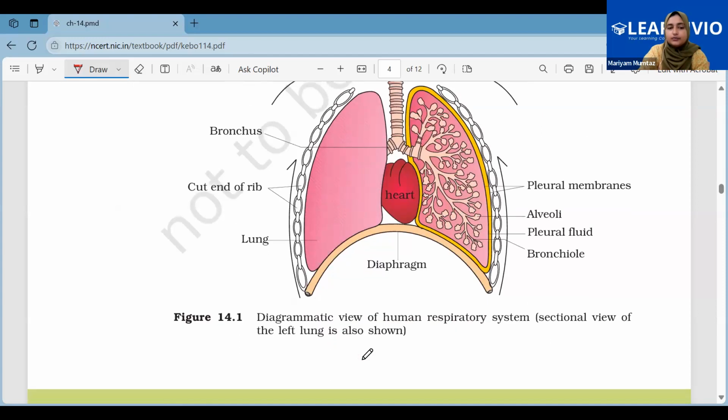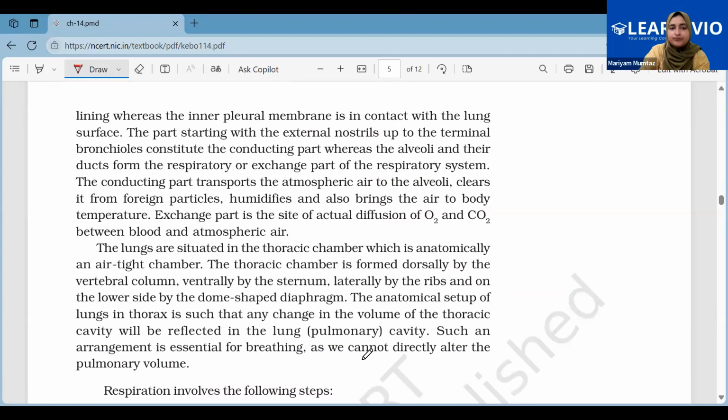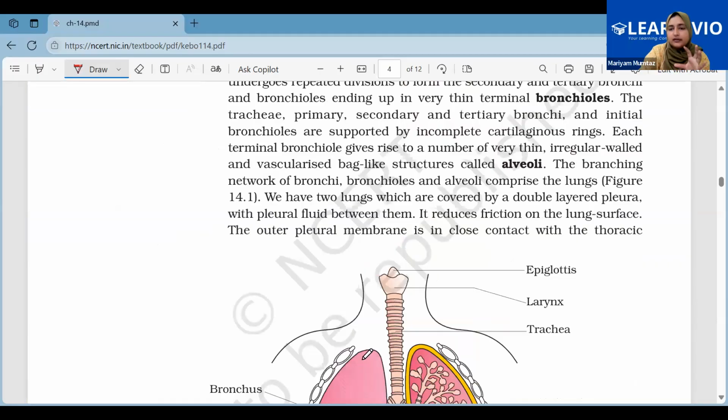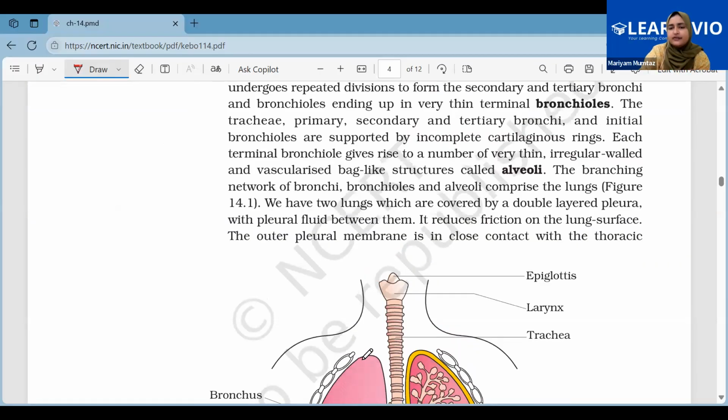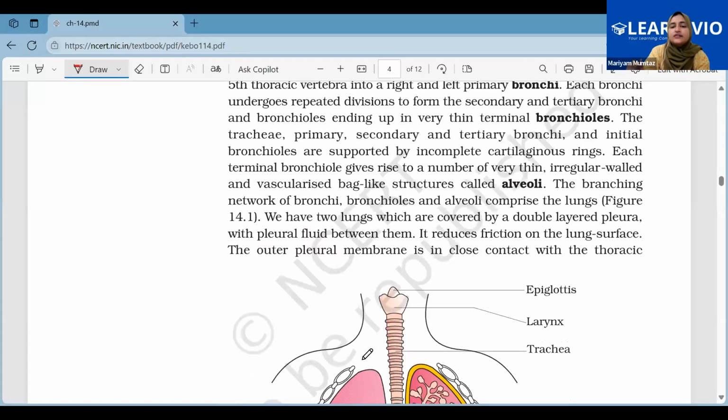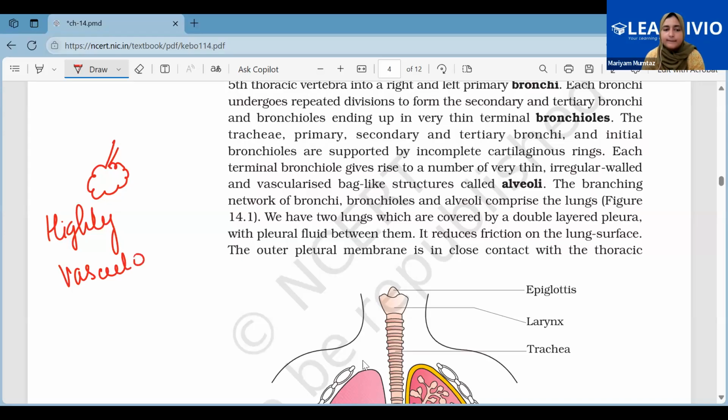So today we're going to move forward and see how the entire respiratory pathway has different functions. Now, in the previous class, we saw that the alveoli is the site of exchange of gases, right? It is a balloon-like structure which is highly vascularized. What is the meaning of something being highly vascularized?